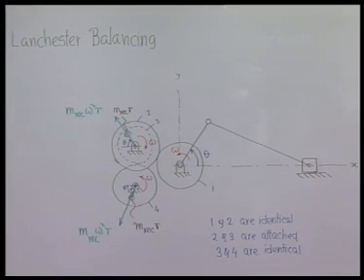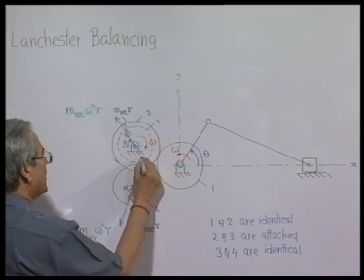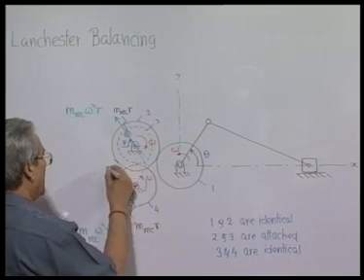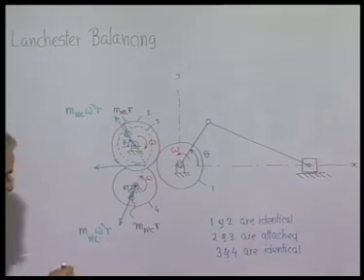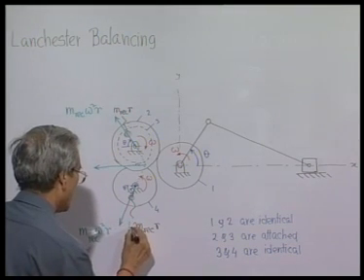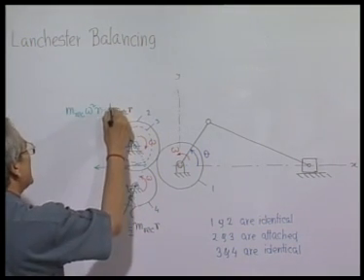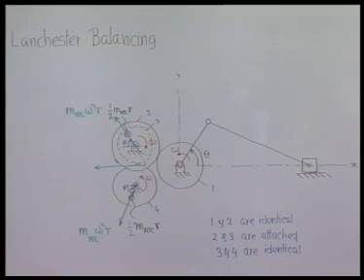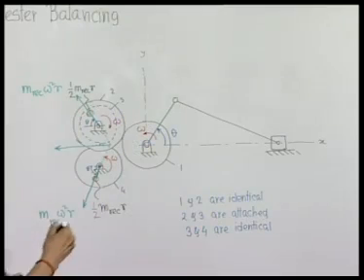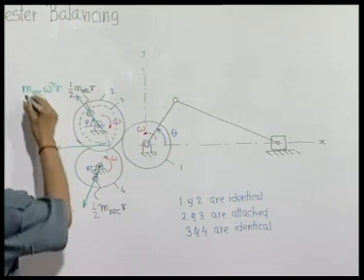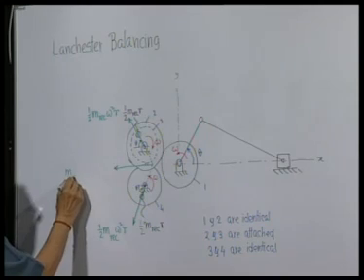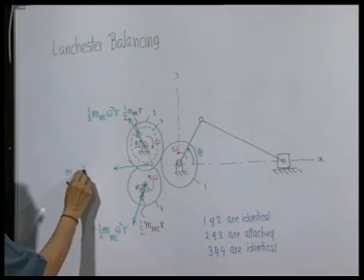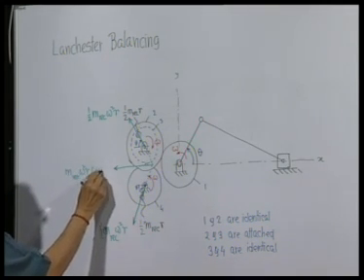and the resultant of these two forces will be what? Sorry, I am sorry, it should be half. Then the resultant will be m reciprocating omega square r cosine theta.